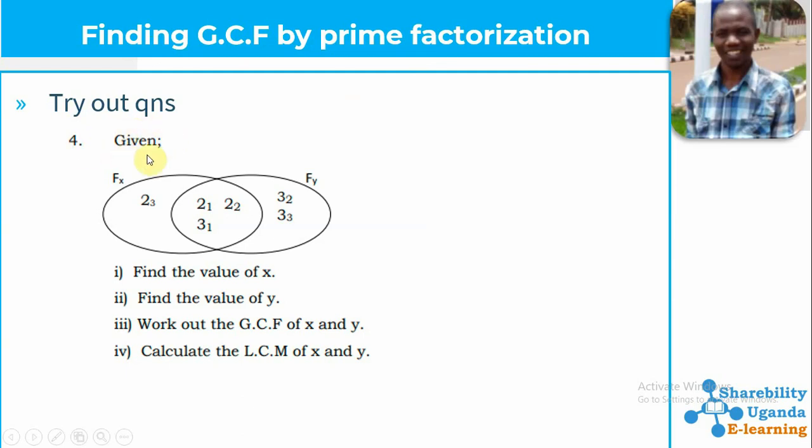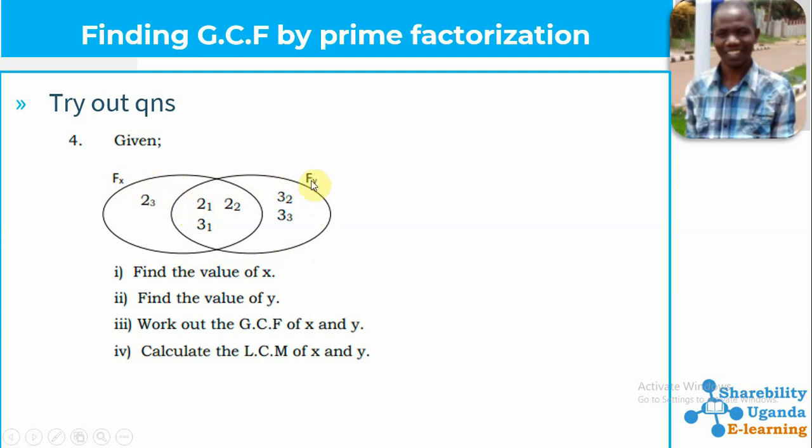So our question 4 is here. They are saying that given our f of x and our f of y, this is just in set notation. We have our f of x and our f of y, which is given here with values. So when they say f of x, they mean these are prime factors of x, which is not given, it is unknown.